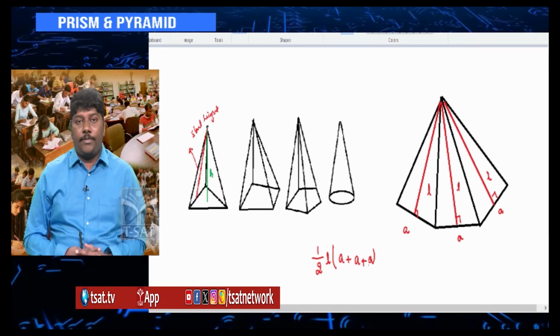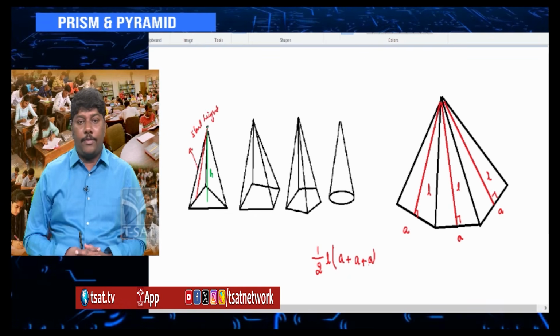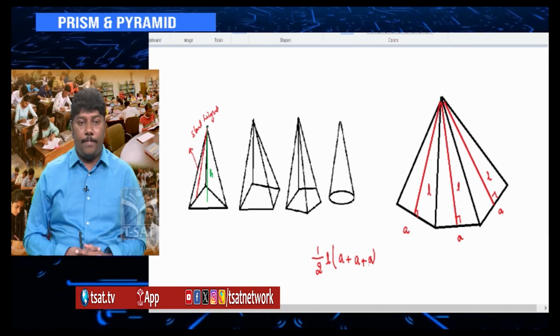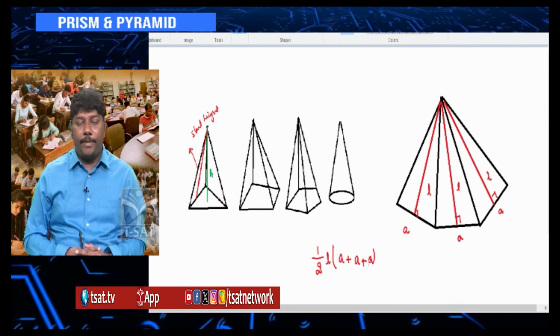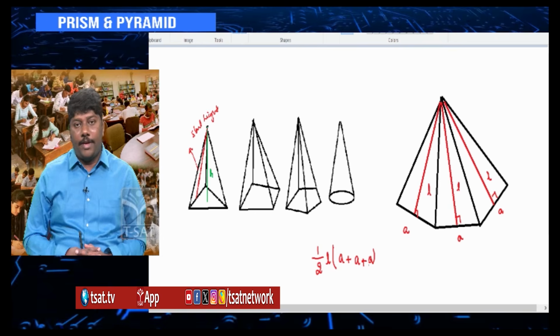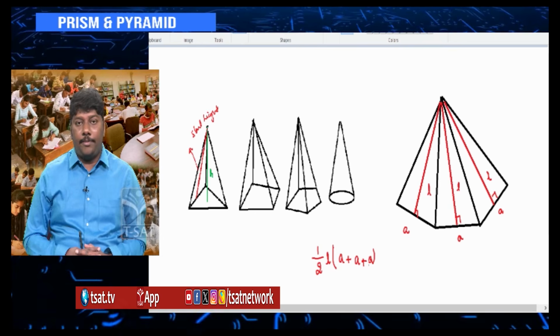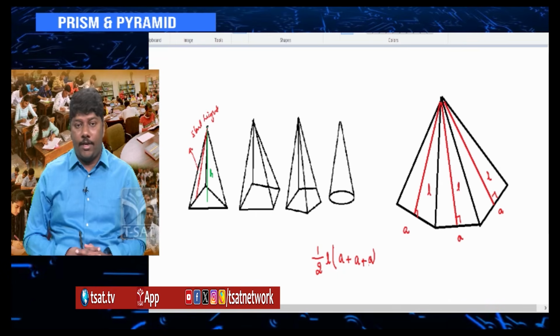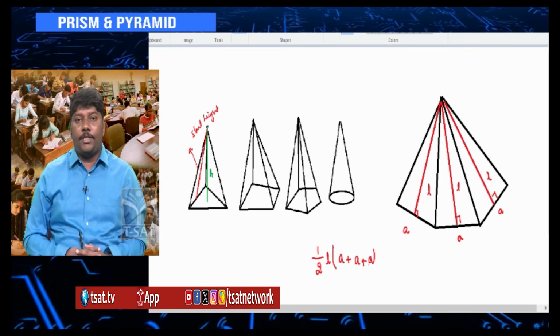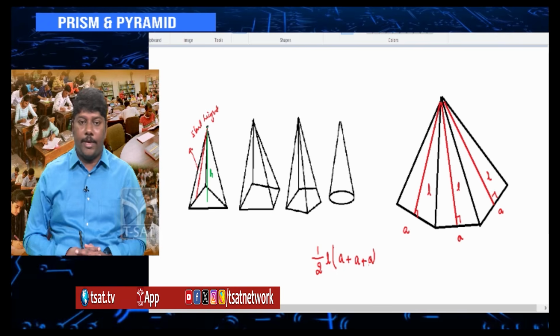If it is a circle, then you have to add the circumference of the circle. Therefore, the lateral surface area of a pyramid is equal to half into slant height into perimeter of the base. Whatever the base is, you take the perimeter of the base in order to get the lateral surface area.